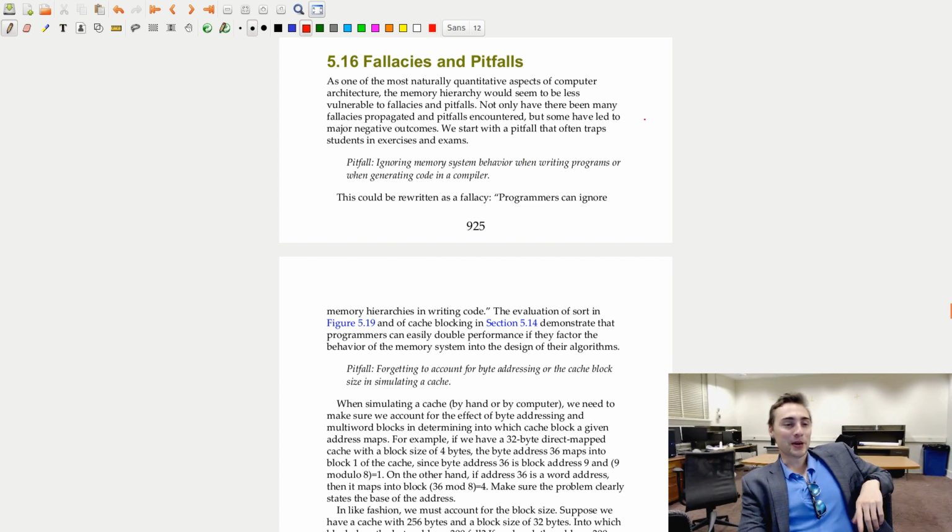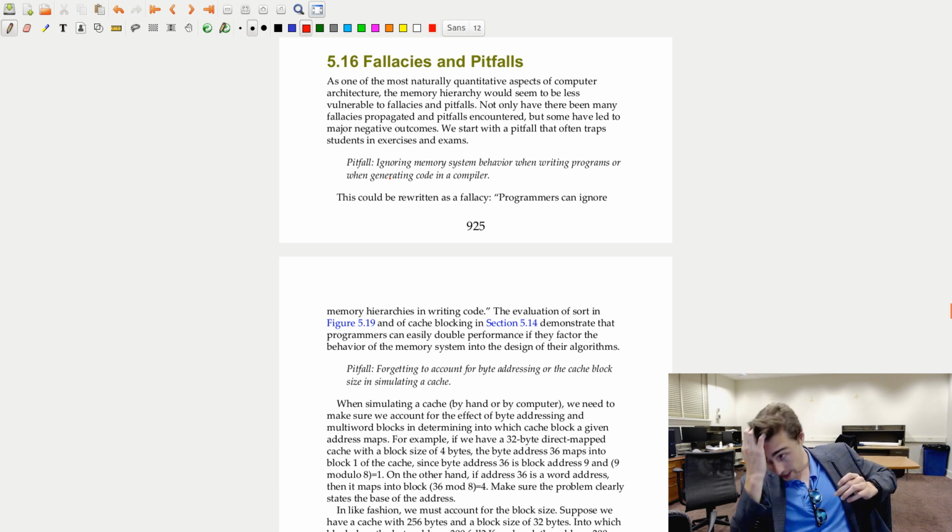So, pitfall number 1, ignoring memory system behavior when writing programs or when generating code in a compiler. Just because we have these structures that try to exploit locality, it doesn't mean we can just say, hey, system, have a blast.